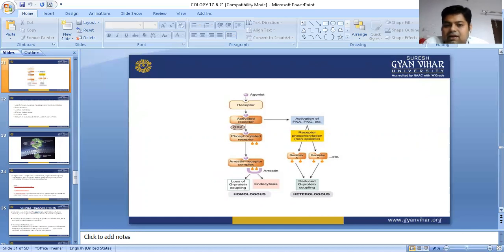In the meanwhile, when the activated receptor activates protein kinase A and protein kinase C, receptor phosphorylation occurs in a non-specific manner, and the receptors are coupled in a heterologous system.